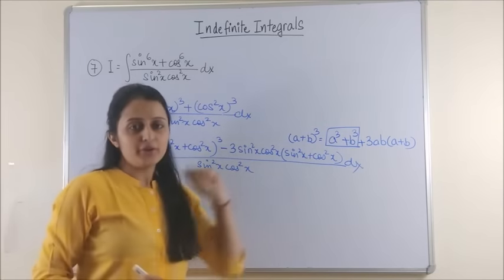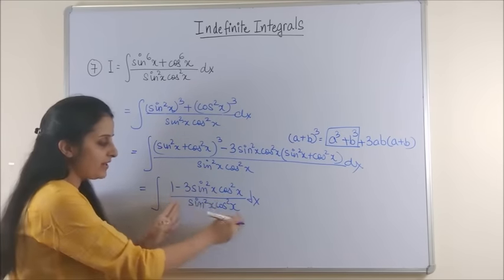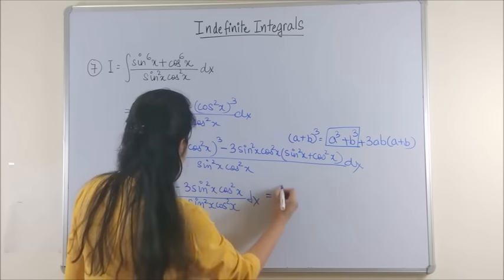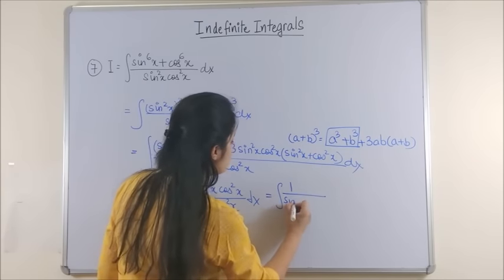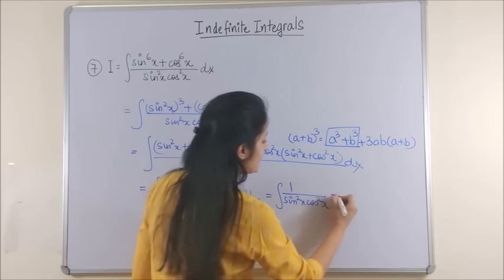Let's simplify your numerator. This is what we end up getting. Now let's separate out the terms and we get 1 upon sin square x into cos square x minus 3.